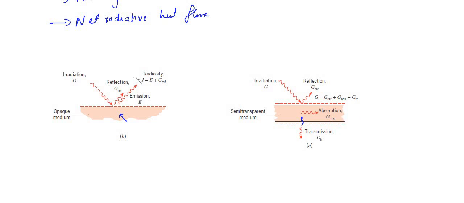So a part of the radiation will be reflected, a part absorbed and a part transmitted. So what is the radiation reflected, absorbed and transmitted?